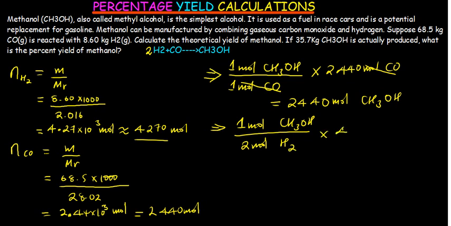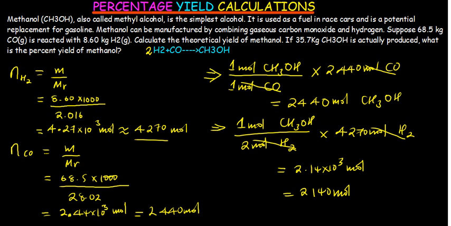We have got 4270 moles of hydrogen. The moles of hydrogen cancel, and this gives us 2.14 times 10 to the power 3 moles, which I can just write as 2140 moles of methanol.